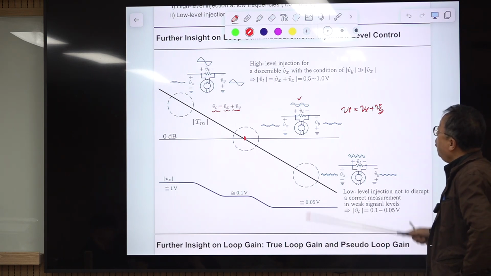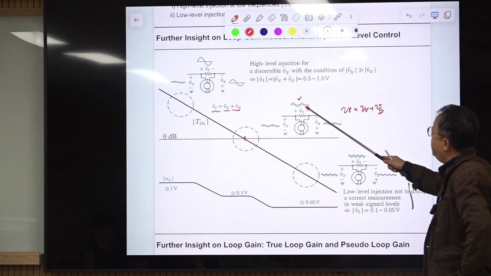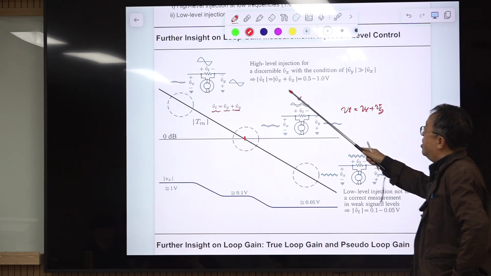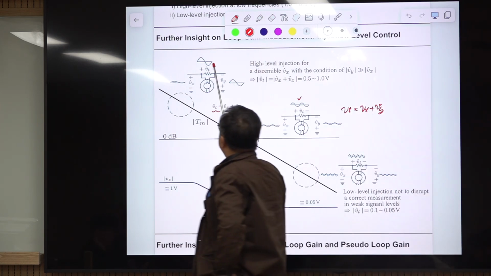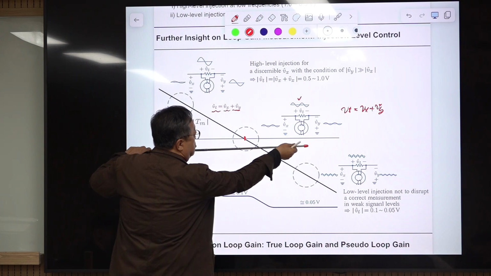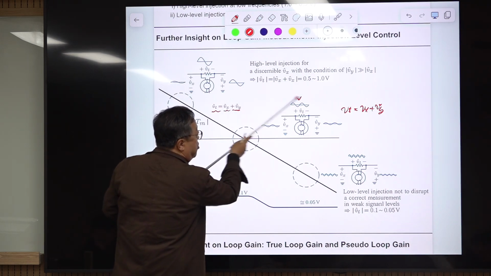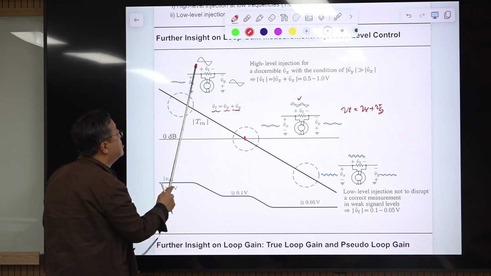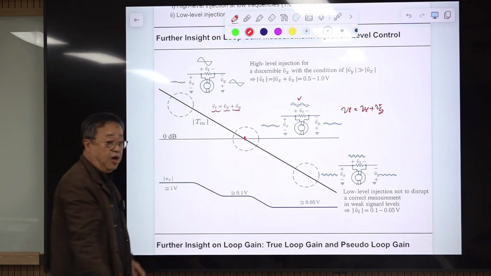At low frequency, the frequency of this AC signal should be lower than this. This is the frequency we are sweeping. So this is the middle frequency, this is the low frequency, and this is the high frequency.